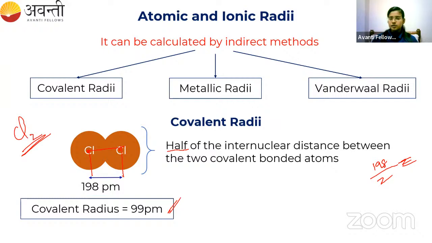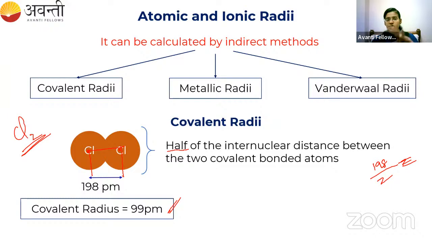Alright, clear? Now, how did we get 198? It is calculated from instruments. We have instruments from which we can get the internuclear distance between the two bonded atoms.